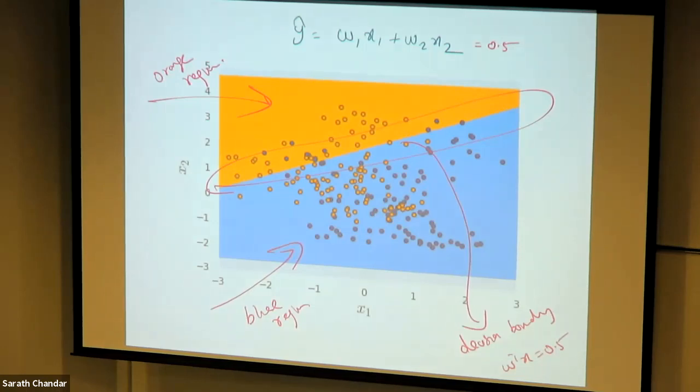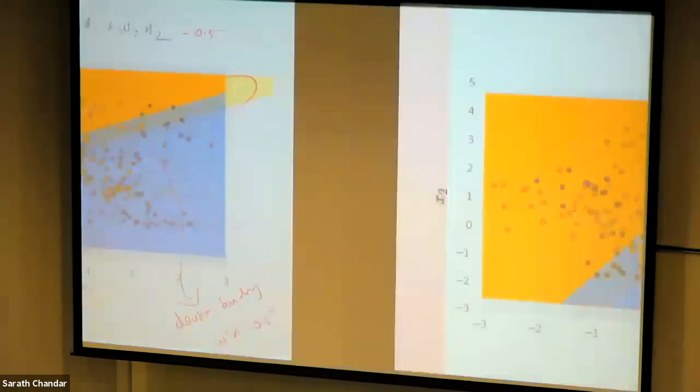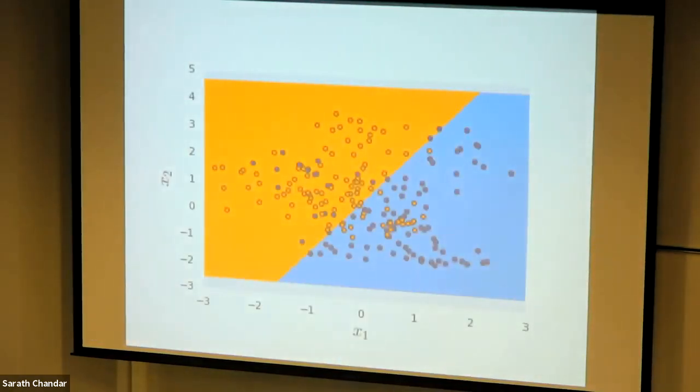Now, we know one simple fix, which is to add a bias term. Let's see what happens if I add a bias term. In this case, y hat is equal to W0 plus W1x1 plus W2x2. Now you can see that suddenly things are getting a little bit better.